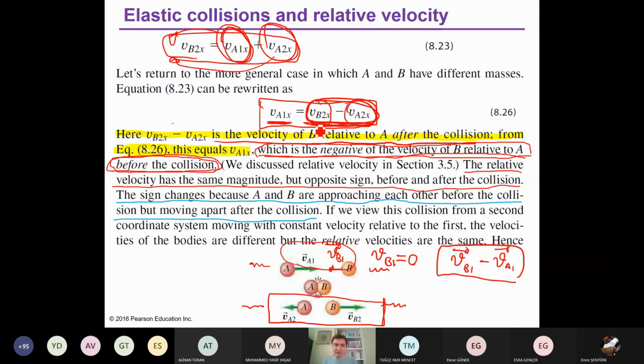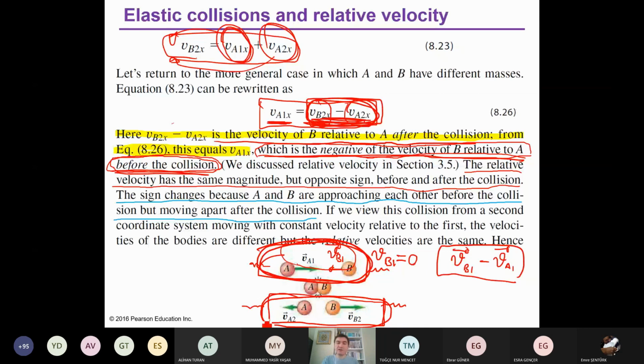What I have told you is that this expression here is the negative of the velocity of B relative to A before the collision. So now listen carefully. The relative velocity of B to A before the collision is equal to the relative velocity of B to A after the collision in magnitude, but with a different direction, with opposite sign.